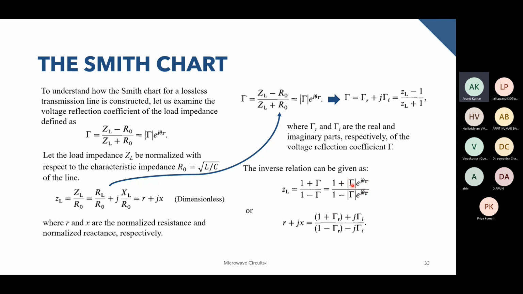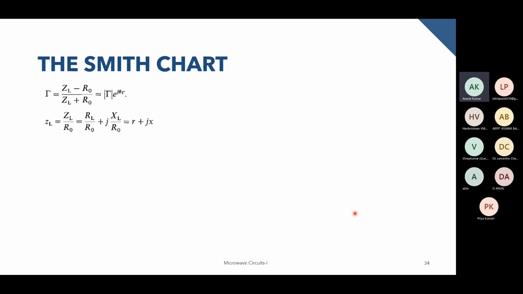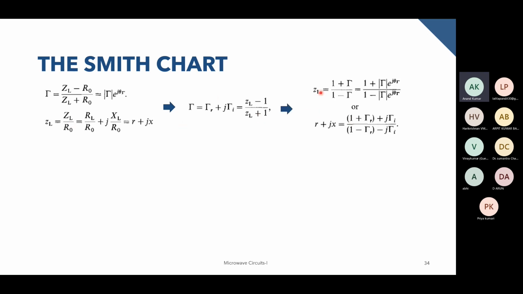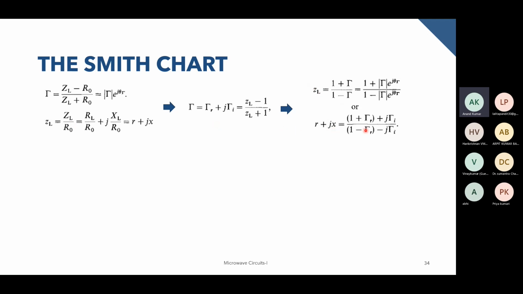This was in the polar form or the Euler form, and now we are writing it in the x plus jy or a plus jb form. Now we'll be using the second expression. We started with these two expressions, wrote the reflection coefficient, and then wrote the load impedance in terms of the reflection coefficient.